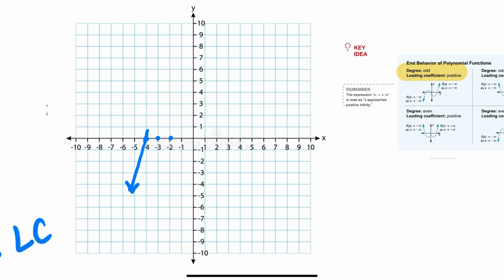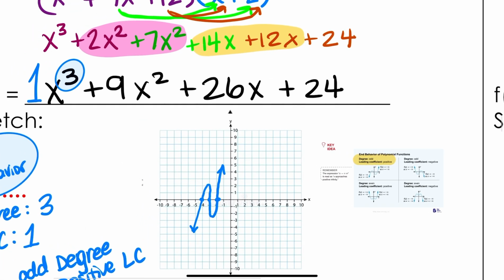We're going to go up through the 0, back down, and back up. Now remember that this is just a sketch. This is not completely accurate. If we wanted to make the graph absolutely accurate, we would need to substitute in some x values, so that we can get the corresponding y value to make an accurate point.